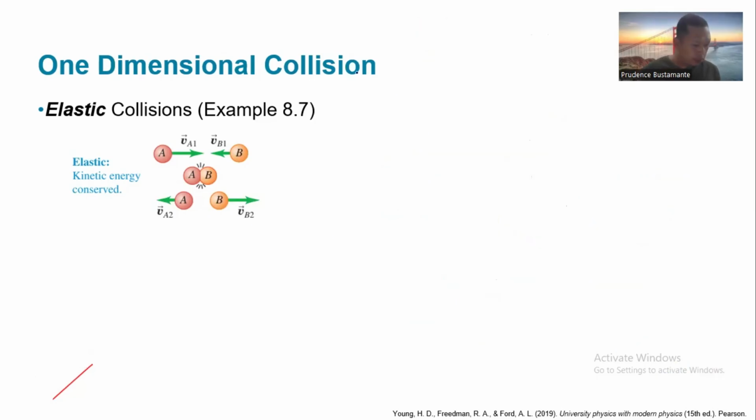Okay. So in elastic collisions, we have the conservation of momentum that we can use. So we have MA VAX plus MB VBX is equal to MA VAX prime plus MB VBX prime.